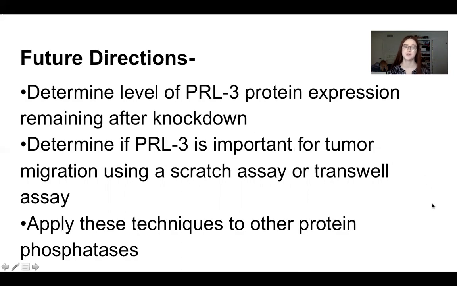For future directions, I would like to determine the level of PRL3 protein expression remaining after knockdown, meaning that the amount of the PRL3 that is left after knockdown is something to be explored.